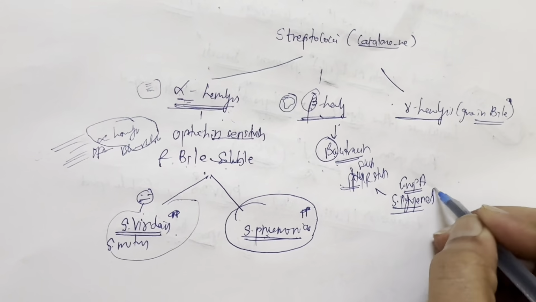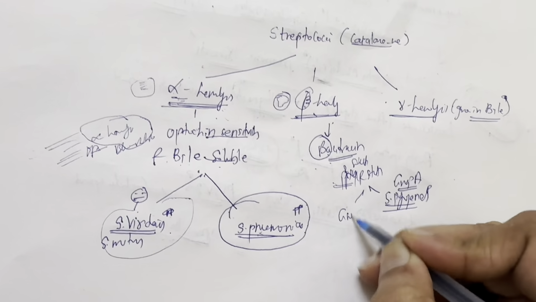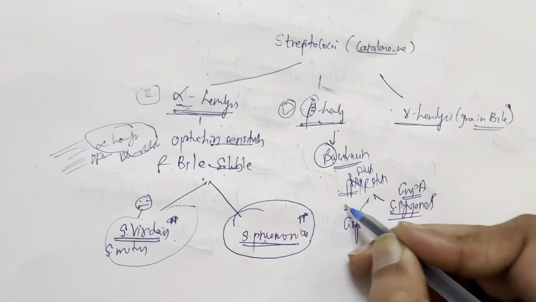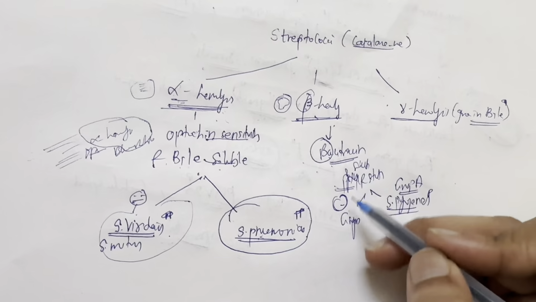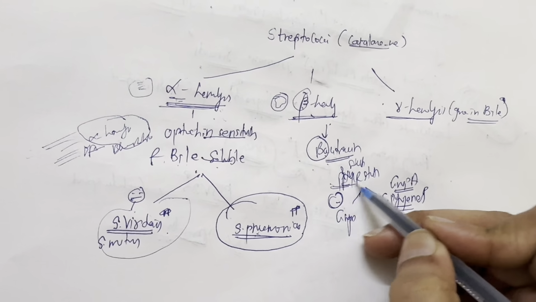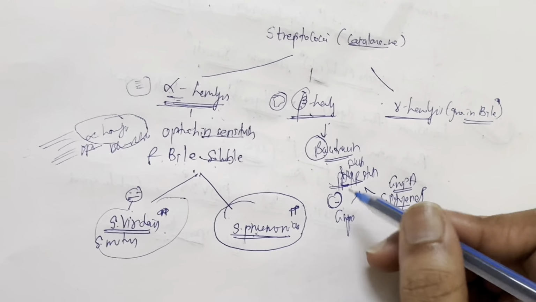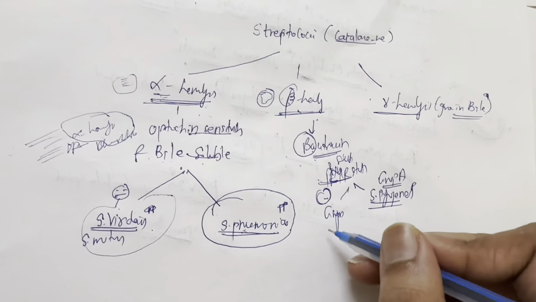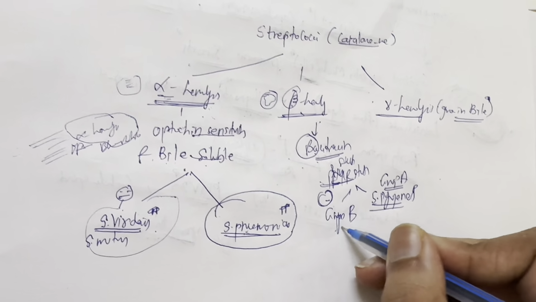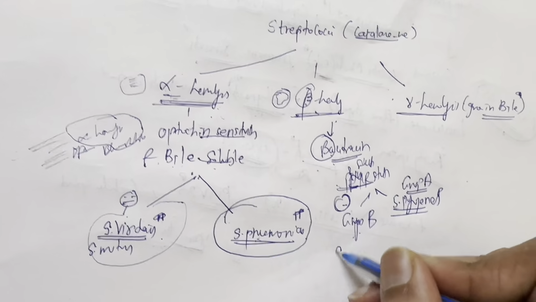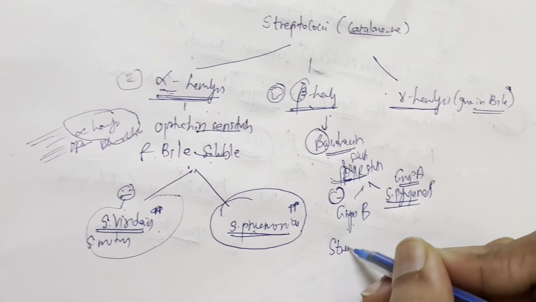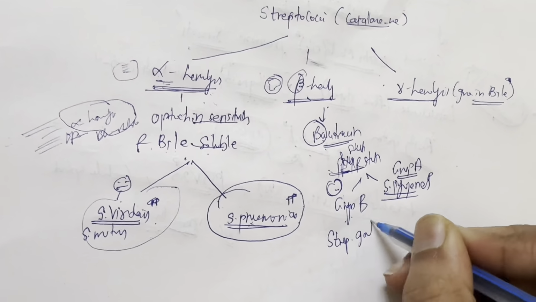And there is group B, which is bacitracin resistant and doesn't show any activity with the PYR enzyme test. These group B organisms are Strep agalactiae.